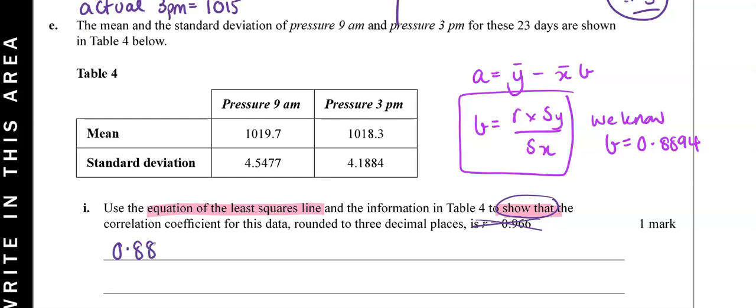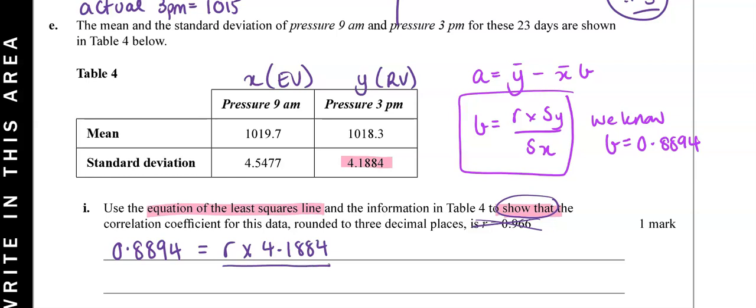Our gradient, we know, is 0.8894. That is equal to R times standard deviation of Y. Remember, Y is our RV, X is our EV. So standard deviation of Y, we've got 4.1884 divided by standard deviation of X, so 4.5477.